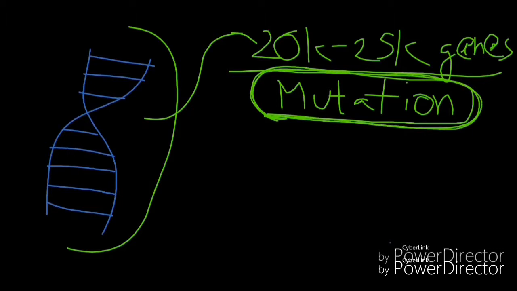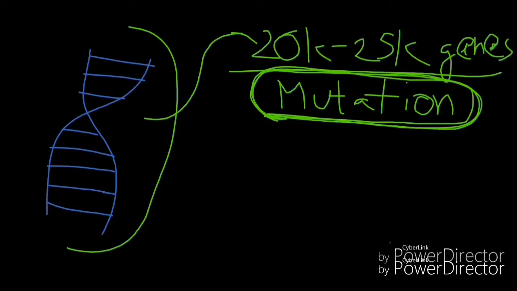Mutations prevent one or more of the proteins created by the genetic instructions of genes from working properly, and this can lead to a serious disease.